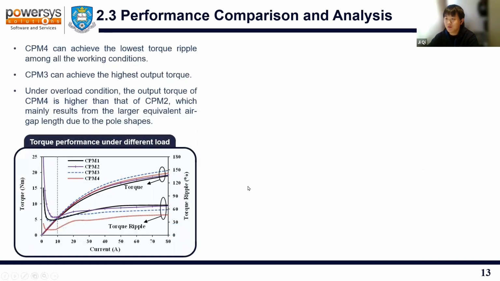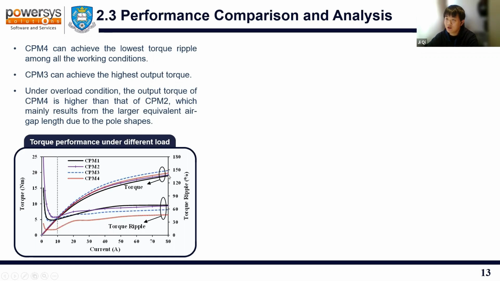Here is the torque performance under different loads. As shown in the red line here, the CPM4 can achieve the lowest torque ripple among all working conditions. And shown in the blue dashed line here, the CPM3 can achieve the highest output torque under the overload condition.